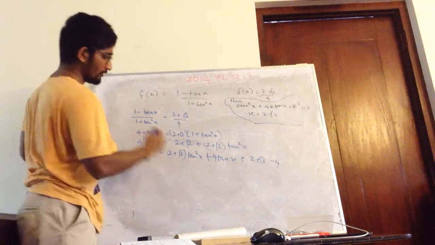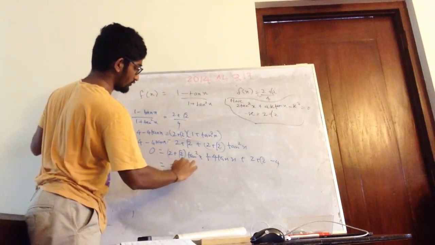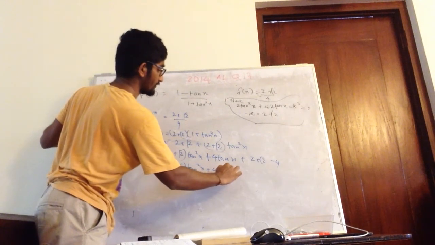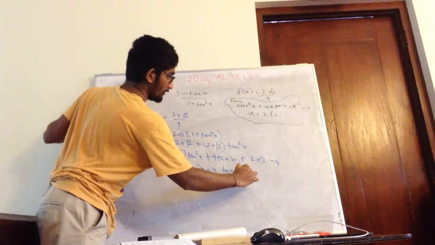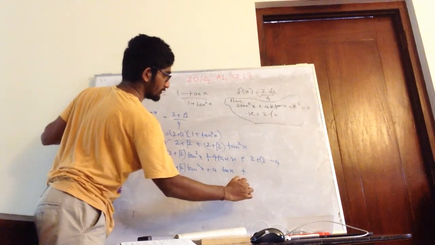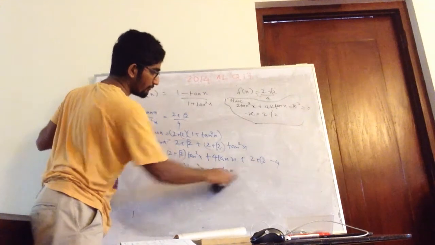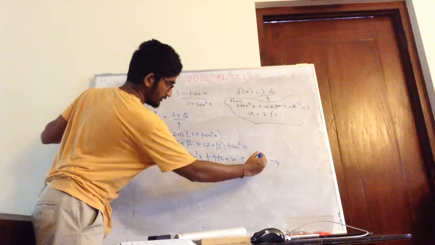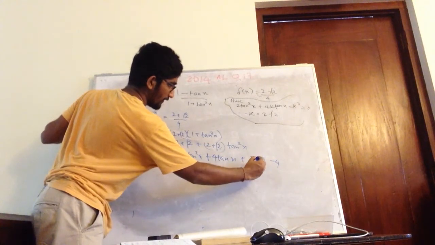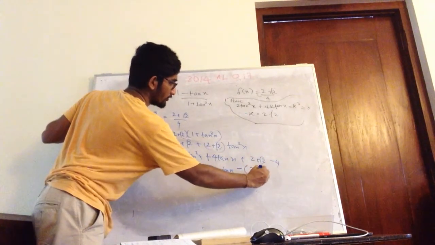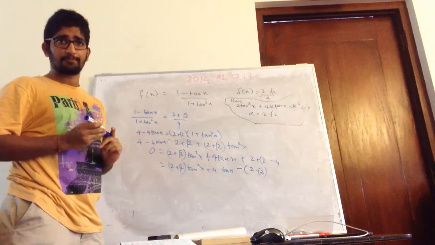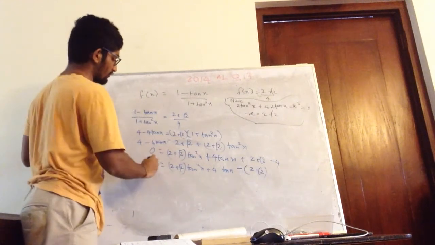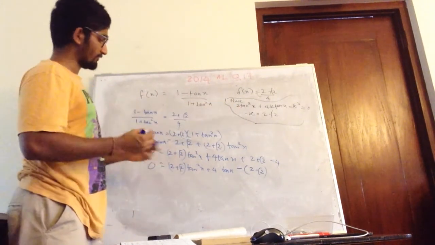Right? So here (2 + √2) tan²x + 4 tan x, plus, or if you take minus out, minus, that's going to be 2 − √2. Right? So now see the answer now. Now here and here.